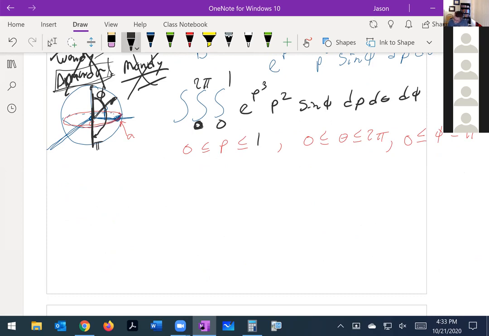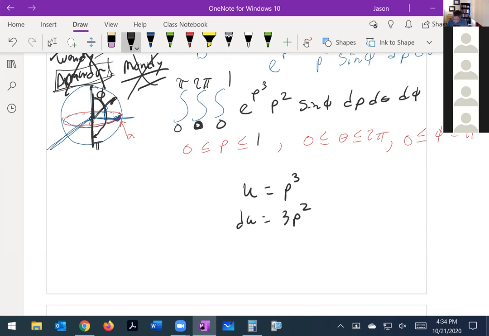Okay. So, and then this is going to go from 0 to pi. There you go. Okay. So now what are we going to do? We're going to integrate with respect to rho. Okay. And we're going to do a u sub. This is going to be a really nice u sub, because if we do u equals rho cubed, then du is equal to 3 rho squared.